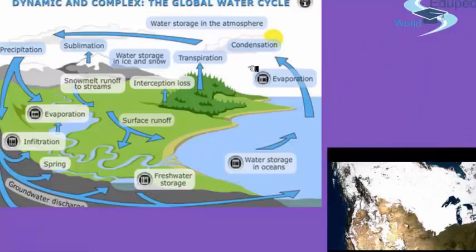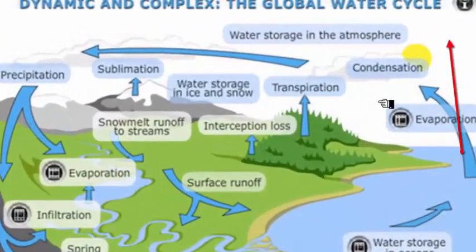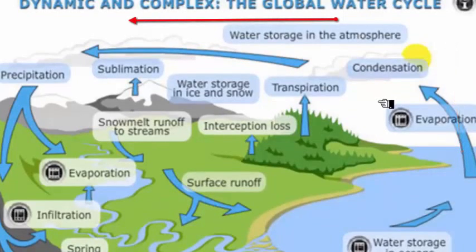The water cycle in general describes how water evaporates from the surface of the earth, rises into the atmosphere, cools and condenses into rain and snow in the clouds, and falls again to the surface as precipitation.